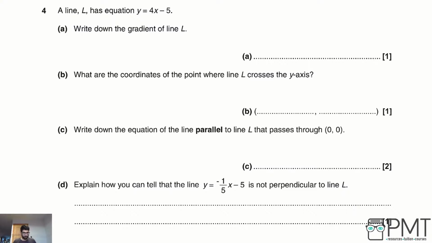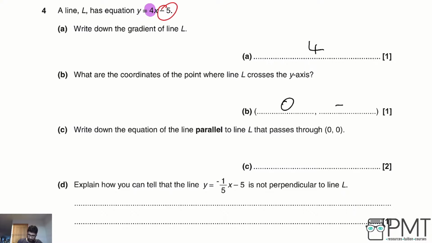So we have a new line L. We need to write down the gradient. The gradient is the value before x, it's our m, so that's going to be 4. What are the coordinates where L crosses the y-axis? So that's our intercept.